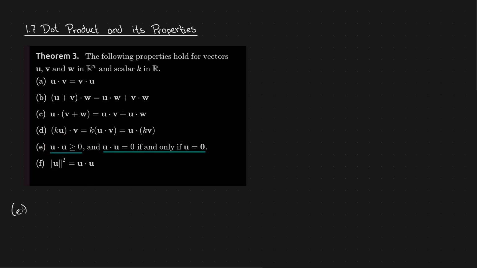So this is part E, proof. We want to start with the definition. So first I'm going to take the definition of a vector as before. So let's let u equal, we know it's an n-dimensional vector, so it has n components.